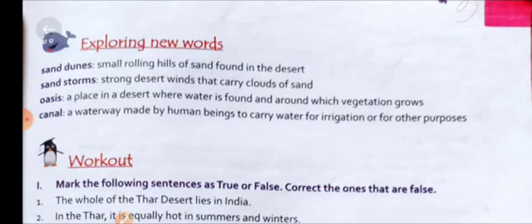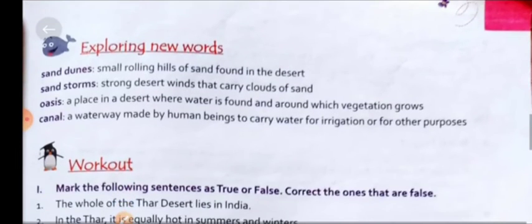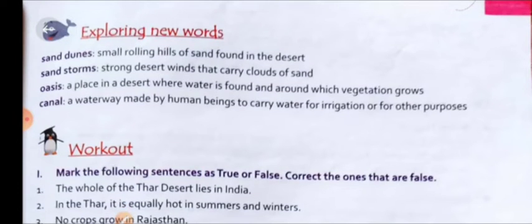Okay, now let's look at the workout. Mark the following sentences true or false. The whole of the Thar Desert lies in India. So, what type is this statement?